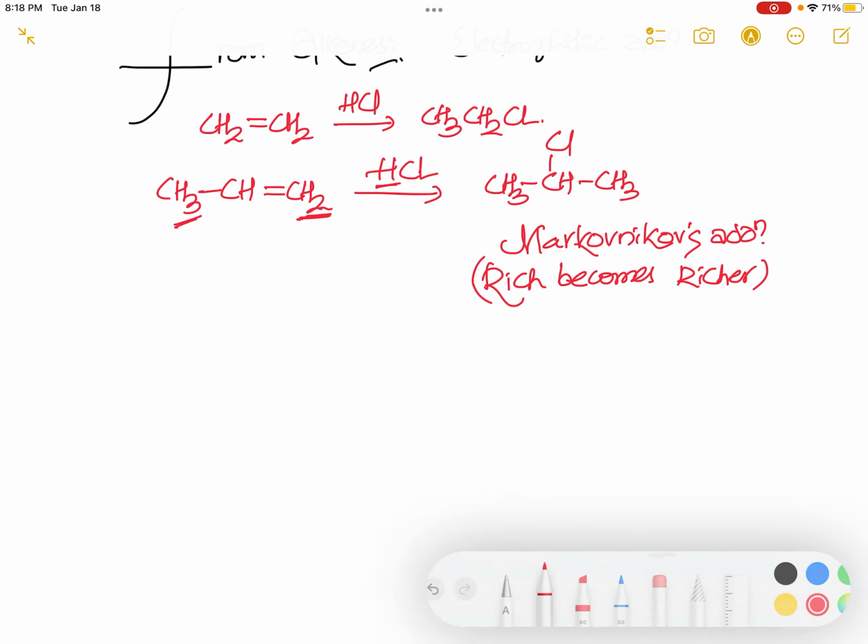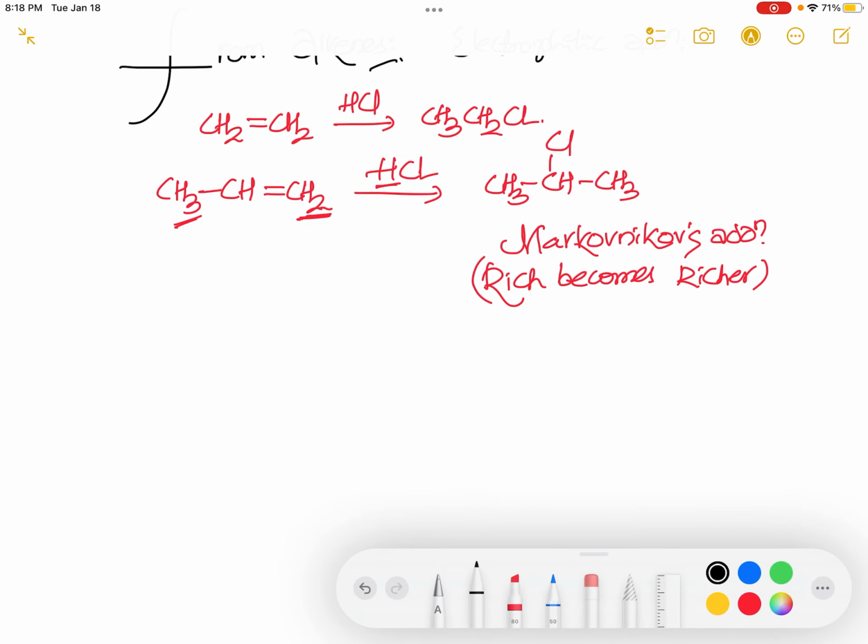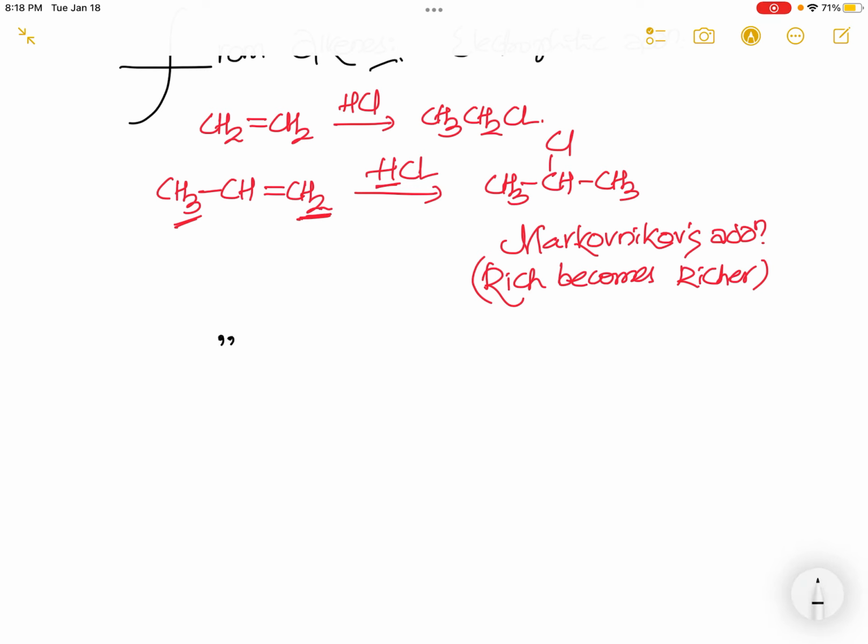And more interesting examples you can see. If you are taking the same compound and adding HBr, bromine will be added here.